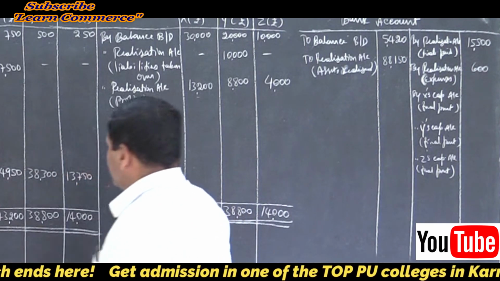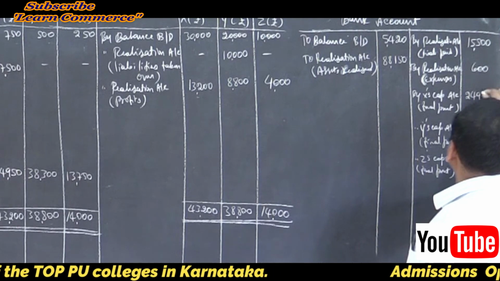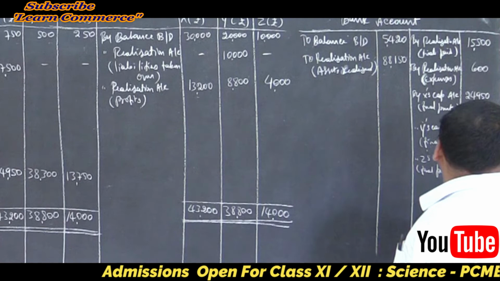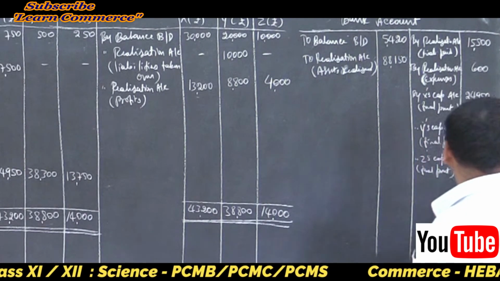Write the amounts: 24,950, then 38,300 and 13,750.